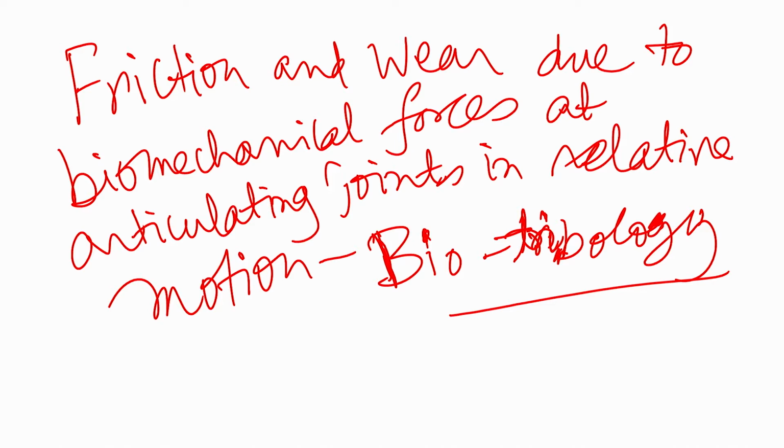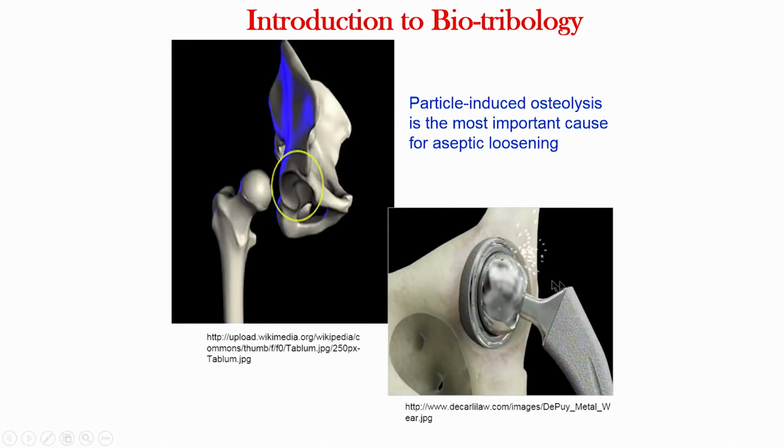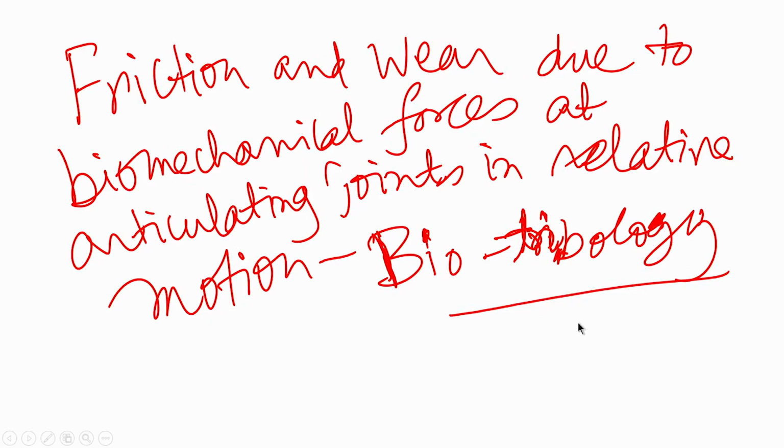This is fairly important, and it has been illustrated in this particular case of total hip joint replacement, where the femoral head and acetabular socket are in contact, and these white flakes, small particles, you can see, are a signature of debris formation.